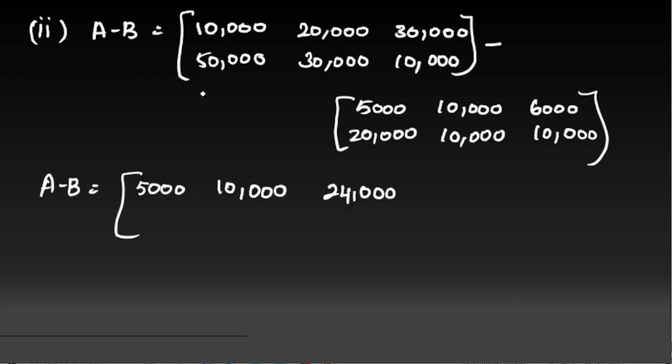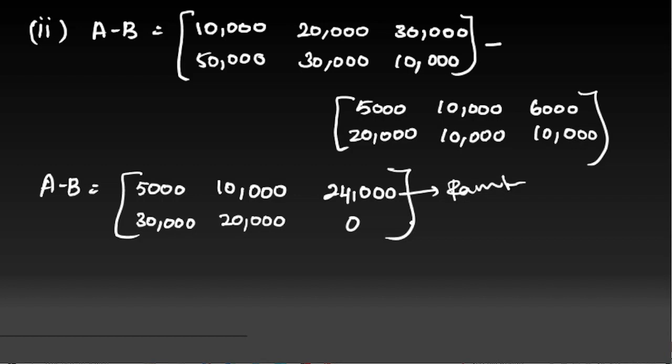Then 50,000 minus 20,000 is going to be 30,000. 30,000 minus 10,000 is 20,000. 10,000 minus 10,000 is 0. So this is how you will get your second subdivision, which is nothing but A minus B. This is going to be Ram Krishan's, and this is going to be Gurcharan's.